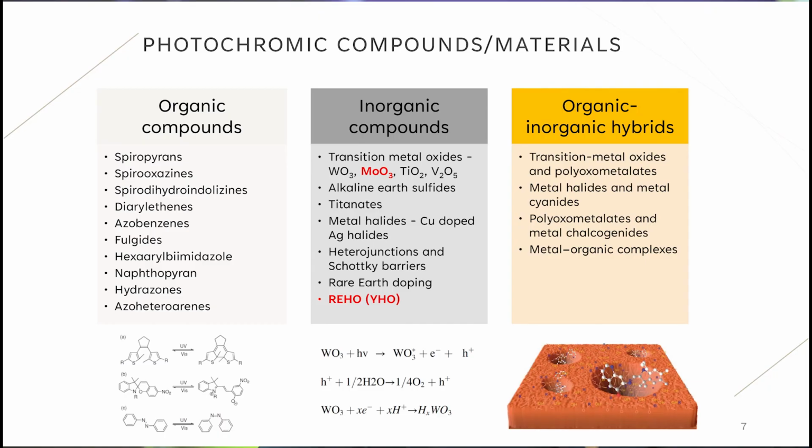For inorganic compounds, there are transition metal oxides: tungsten trioxide, molybdenum trioxide, titanium dioxide, vanadium oxide, alkaline earth sulfides, titanates, metal halides, for example silver halide doped with copper, even heterojunctions and Schottky barriers.